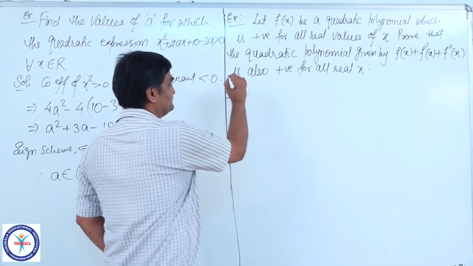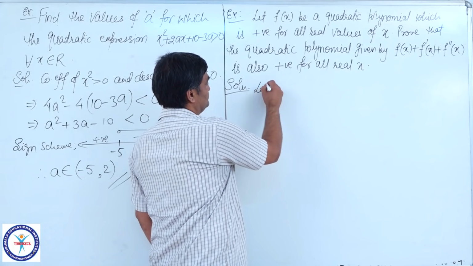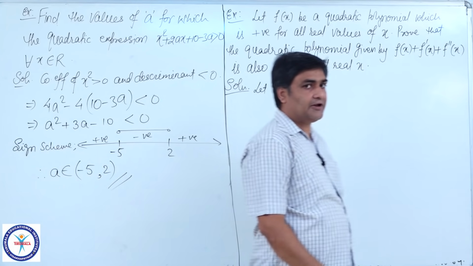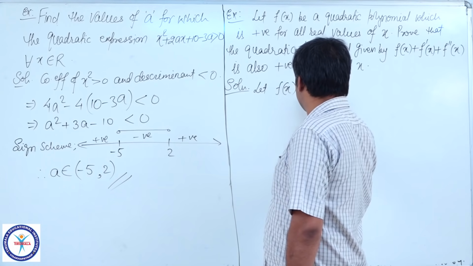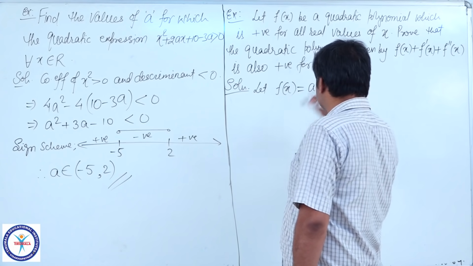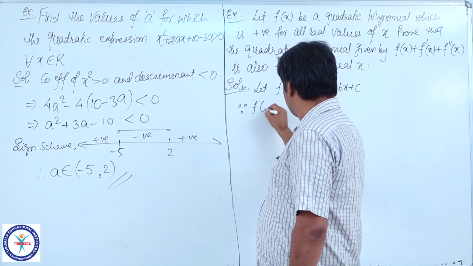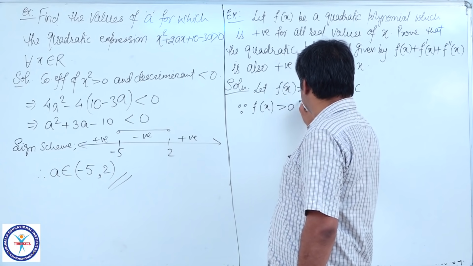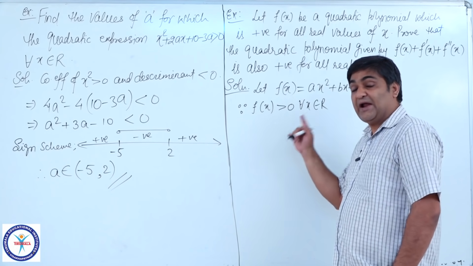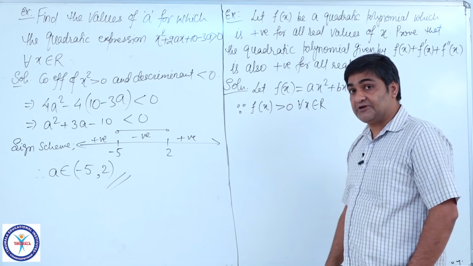Now, let f of x be a quadratic. So, let f of x be ax square plus bx plus c. And since f of x is greater than 0 for all x belonging to R, this quadratic expression will be always positive.